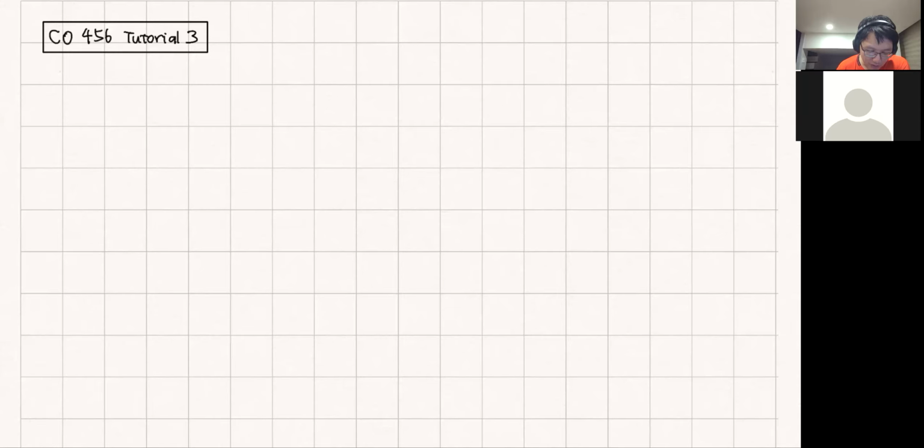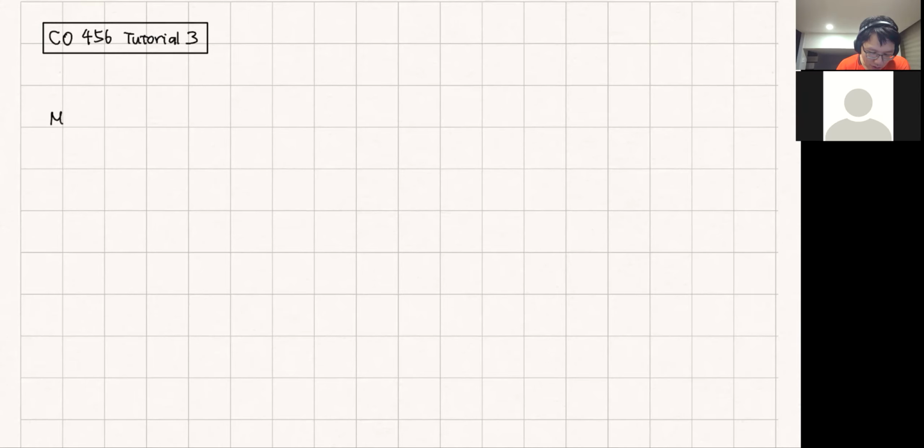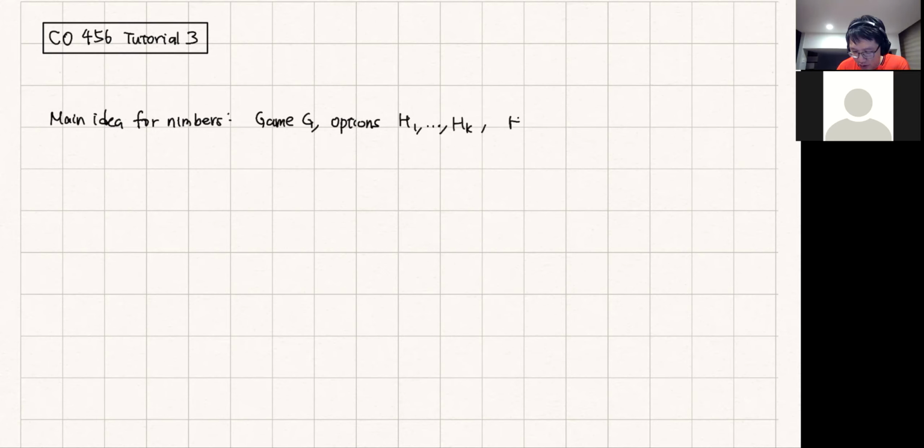The main idea for nimbers: you have a game G, and you have the options, let's say H1 to HK, and suppose you know that each of the Hi is equivalent to some Ni, for some nim game.